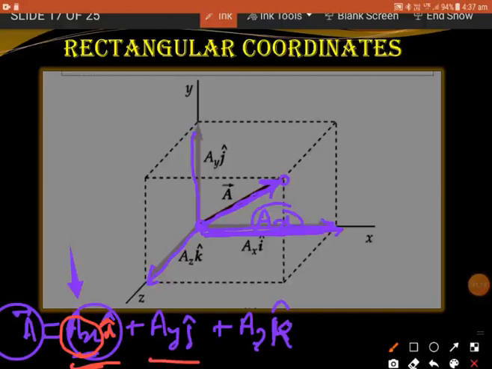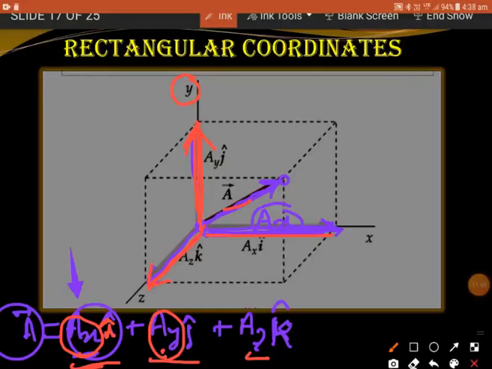Similarly, AY J cap represents the component of this A along y-axis. Got it? That will be given by this arrowhead. So AY is nothing but the height of that cuboid, and you can take this as the length of the cuboid. Similarly, AZ will represent the breadth of this cuboid, taken along the z-axis.